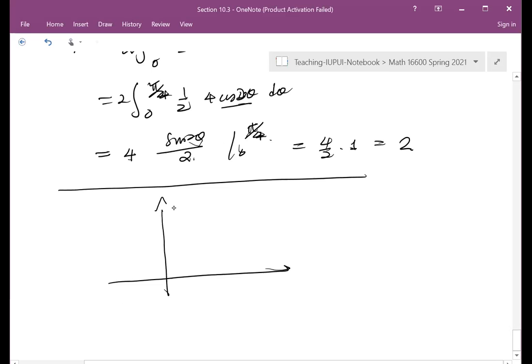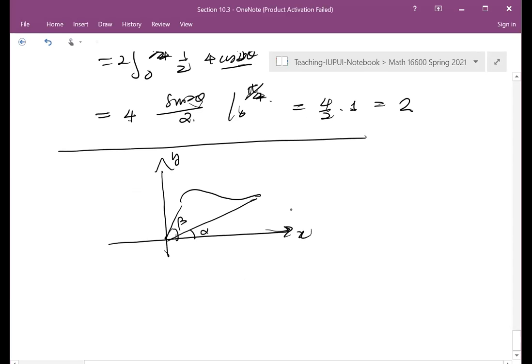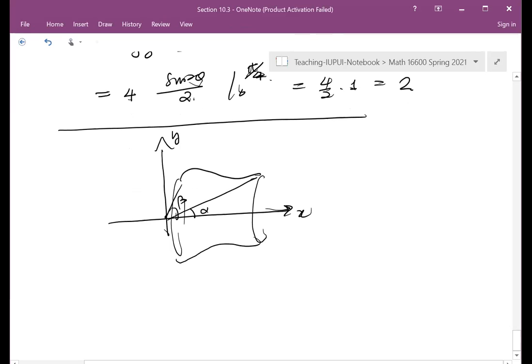For example, this is a curve, with alpha here and beta there. Now you can also rotate it about the x-axis to get a surface.